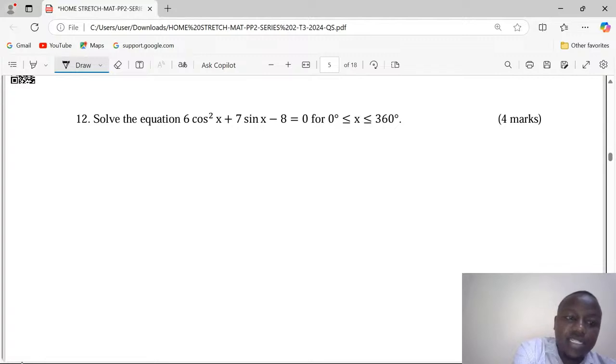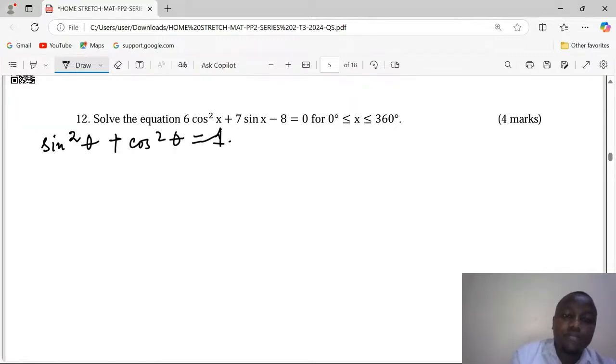The identities will be applied in such a way that sine squared of theta plus cosine squared of theta is usually 1.